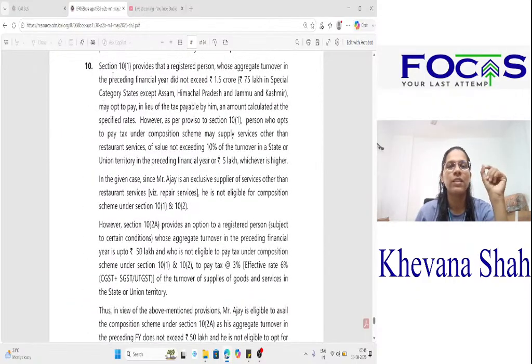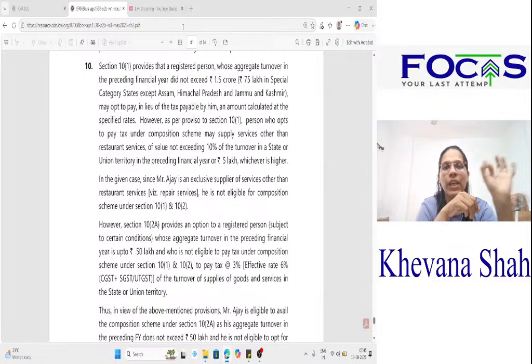So see, section 10(1) provides that a registered person whose aggregate turnover in the preceding financial year did not exceed 1.5 crores, and 75 lakhs in the special category states except Assam, Himachal Pradesh and Jammu and Kashmir, may opt to pay, in lieu of the tax payable by him, an amount calculated at the specified rates.